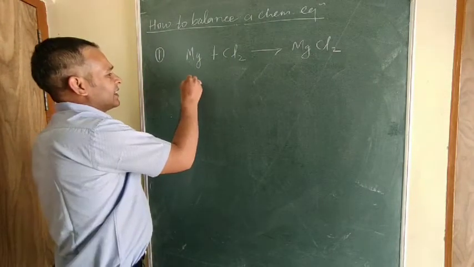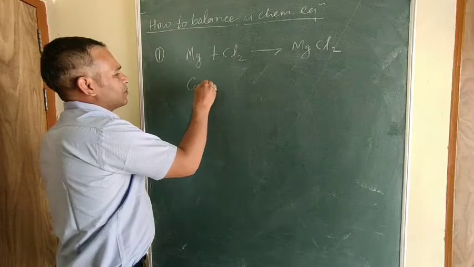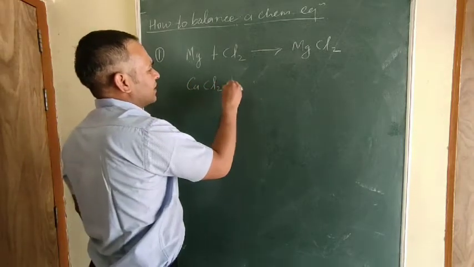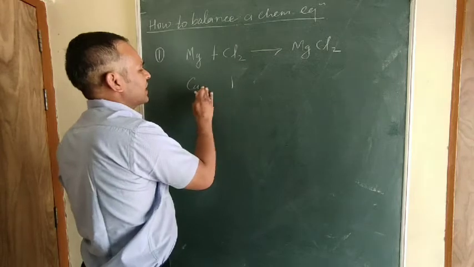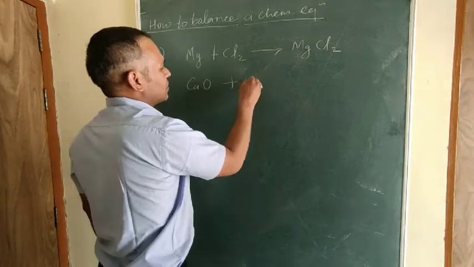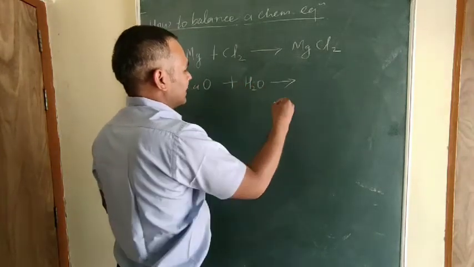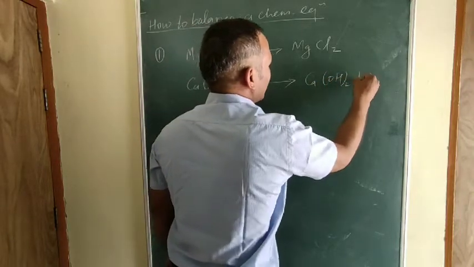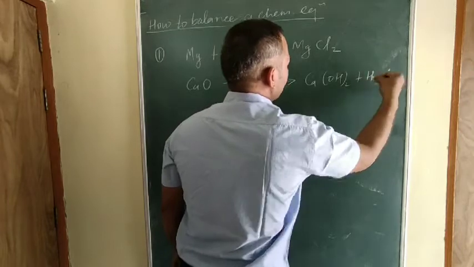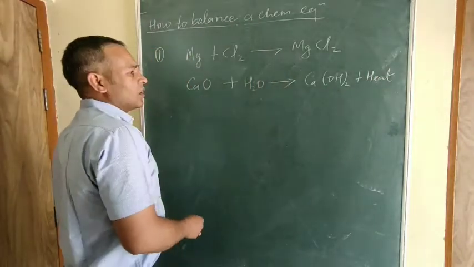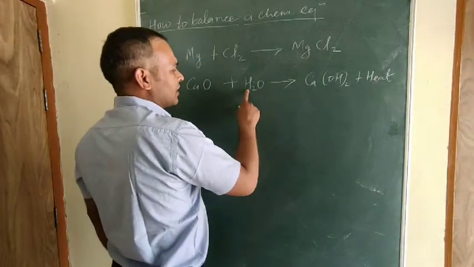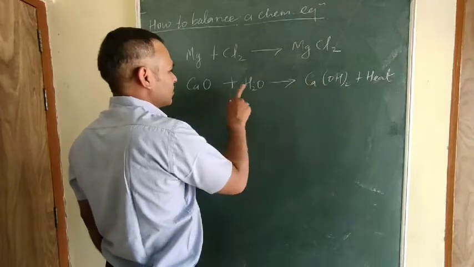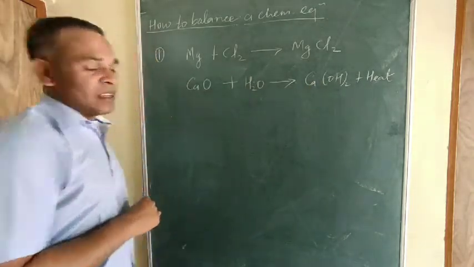Second ले लेते हैं: calcium oxide plus water gives calcium hydroxide plus heat. इधर पे H कितने हैं? 2 हैं. ऑक्सीजन कितने हैं? 2 हैं. तो यहाँ भी 2 है, ये भी बैलेंस हो गई, है ना?